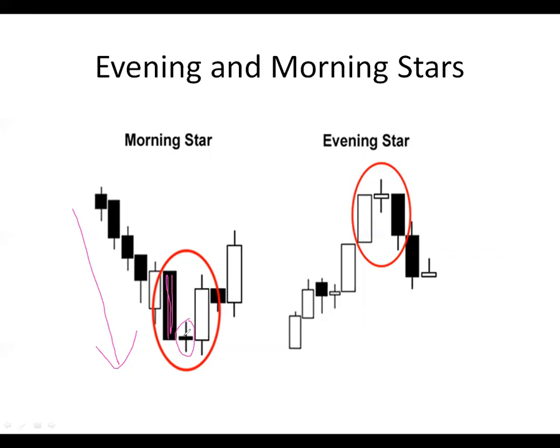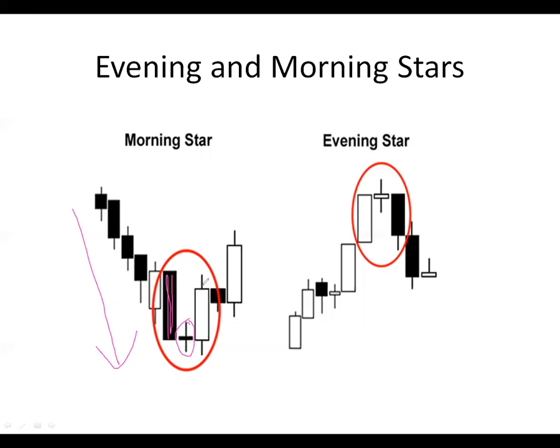Can we identify what kind of candlestick it is? If you remember the notes of episodes 20 and 21, if you have watched episodes 20, 21, 22, you should be able to identify what kind of candle this is.